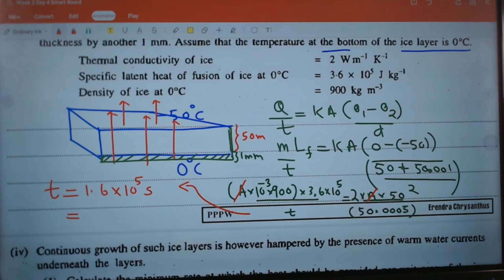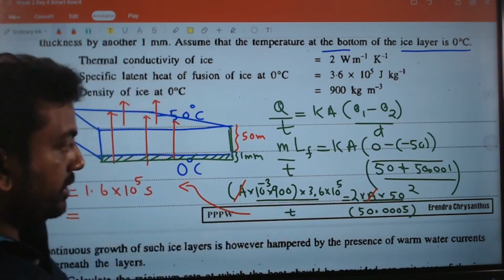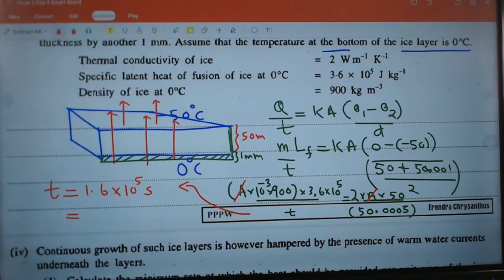So approximately about 45 hours. So if you do the simplification, here you can get the relationship.